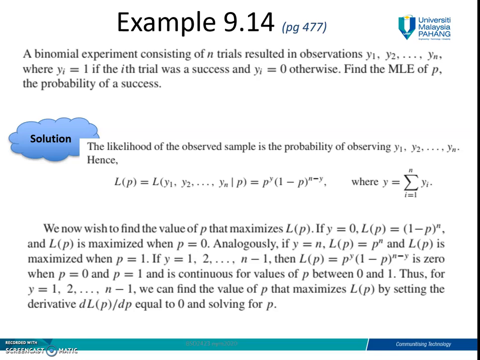Here you can see that we have a binomial experiment. When we have a binomial experiment, how many outcomes do we have? Two outcomes: yes or no, true or false. In this case, 1 is success, and 0 is otherwise. Otherwise it can be failure, not complete, and so on.